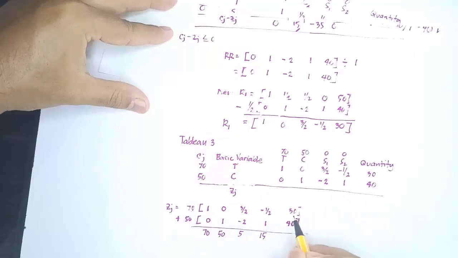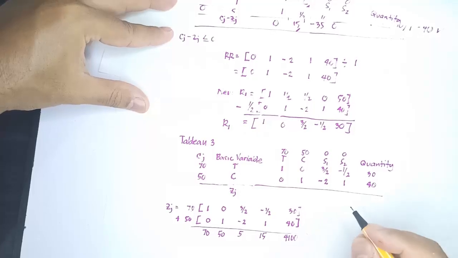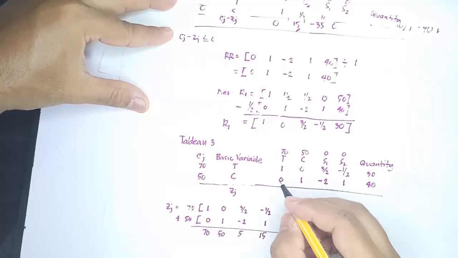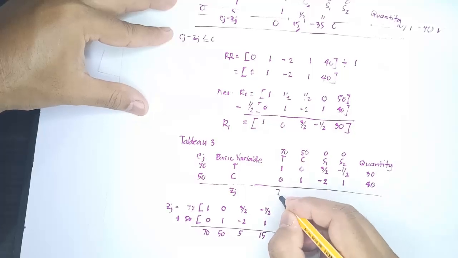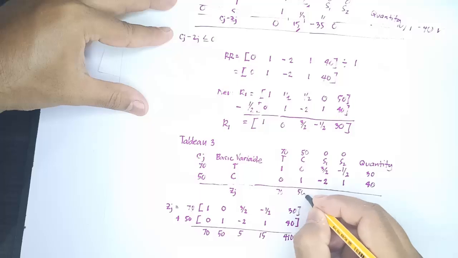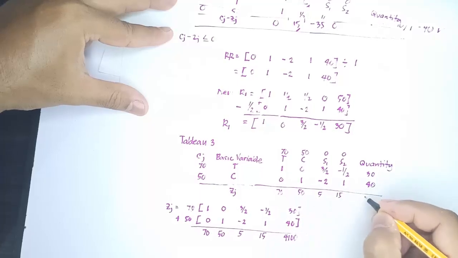Next, 70 times 30, that's 2,100, plus 50 times 40, that's 2,000. So 2,100 plus 2,000, that's 4,100. So the elements for z sub j row are 70, 50, 5, 15, and 4,100.